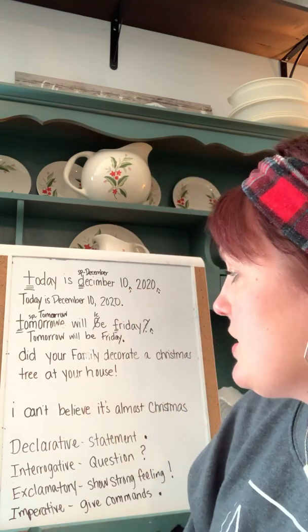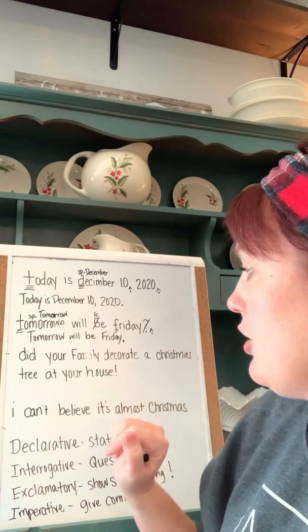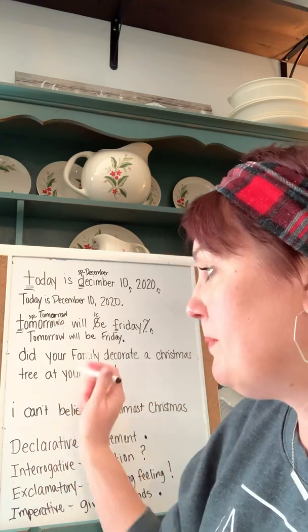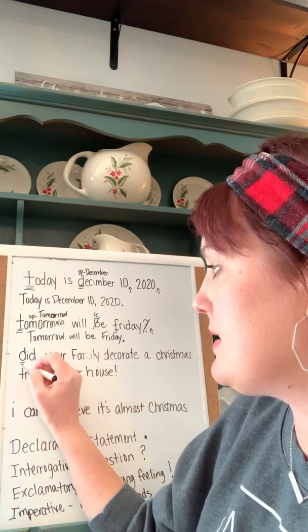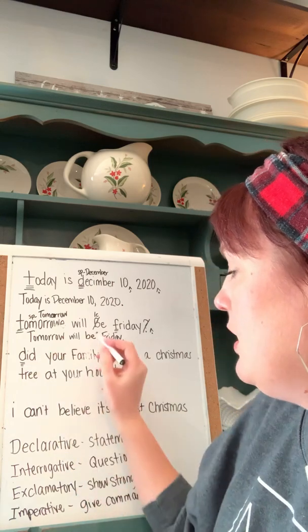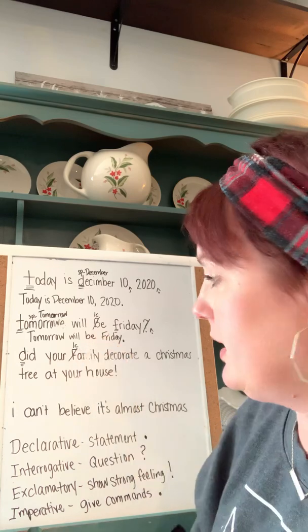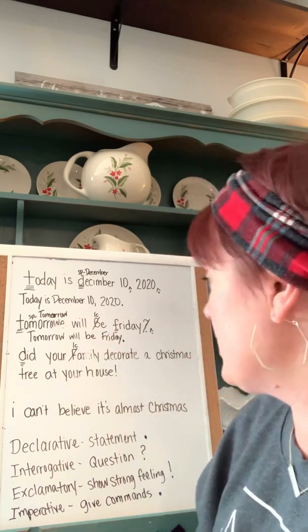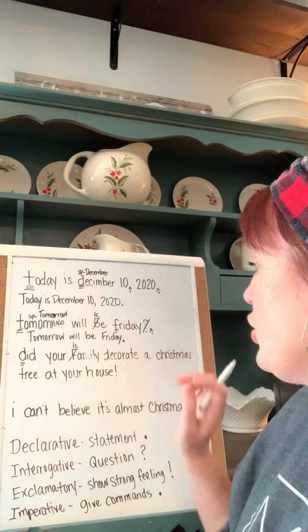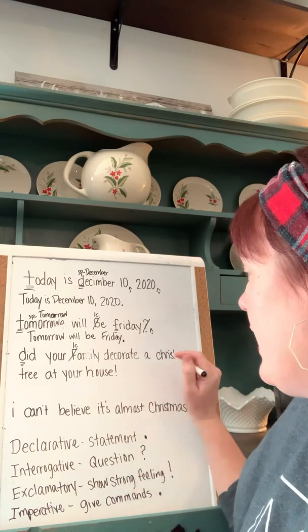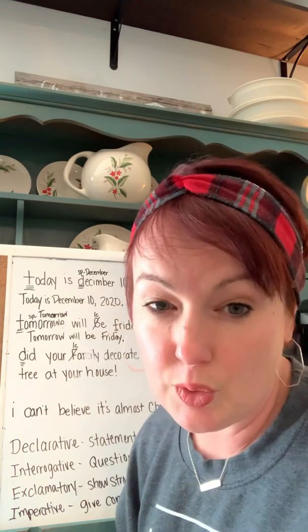All right, sentence 3. Did your family decorate a Christmas tree at your house? Capitalize that first word. Then we need to put lowercase on that family. So we slash it and put an LC over the top. Decorate a Christmas tree. All right, Christmas. I don't know if you guys remember this, but Christmas needs to be capitalized.